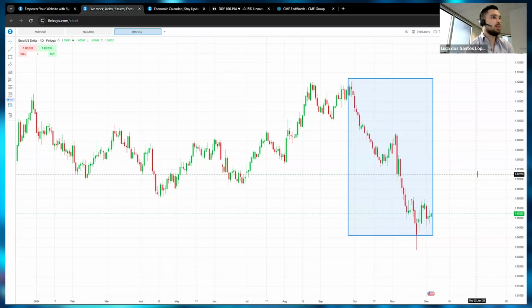We saw euro dollar going all the way up to 1.12 and then all the way down to 1.03. So that is 10 cents, pretty much 10 cents, 9 cents, around 9 cents. And that's more than 6%.